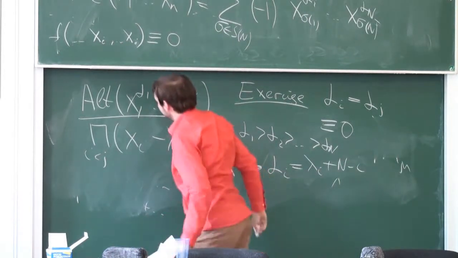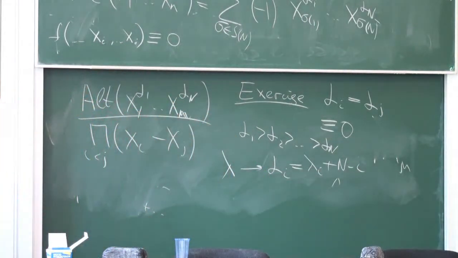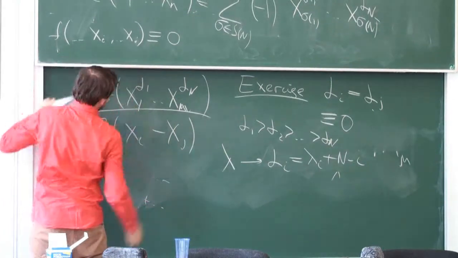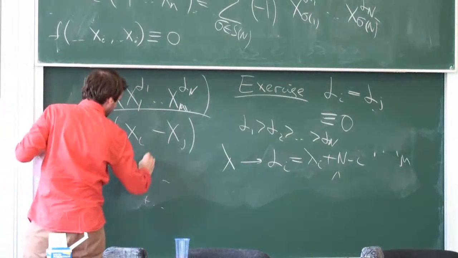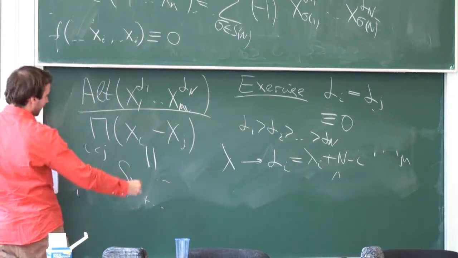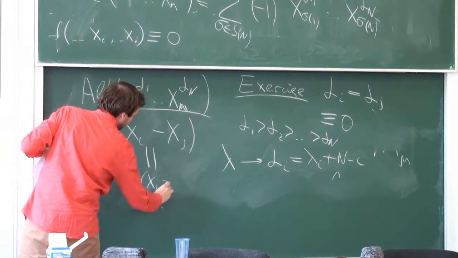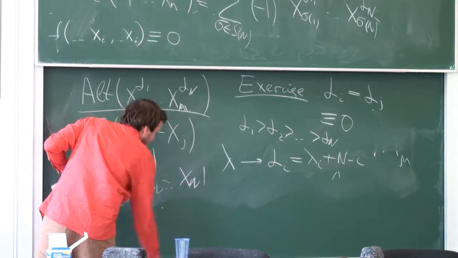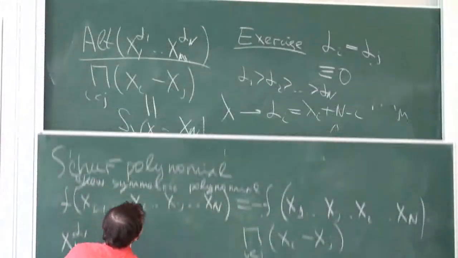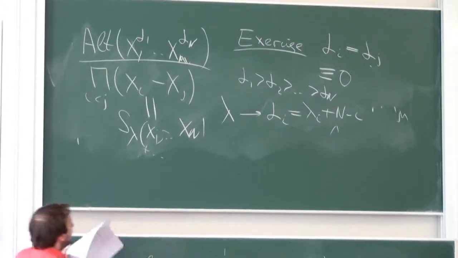With this parameterization in hand, we get the definition of the Schur polynomial. This ratio of alternants is called the Schur polynomial, parameterized by the partition lambda in variables x1 through xn.